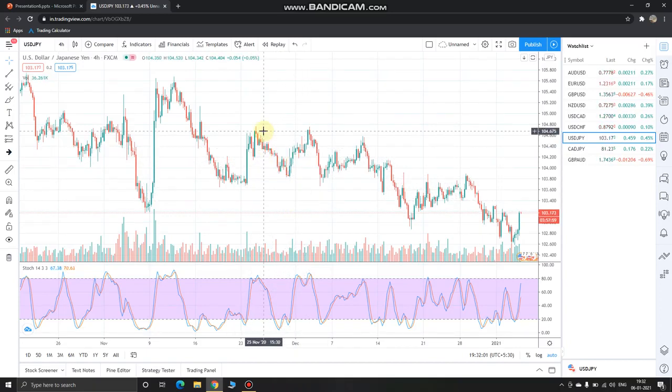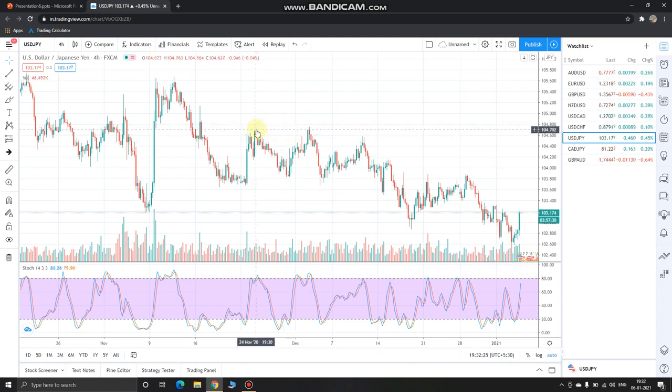Let me give a small example. This is a rejection point. This is also a rejection point. So what is common in between these two points? In between these two points, this is a resistance. See, market bounced, sorry, reversed from here.